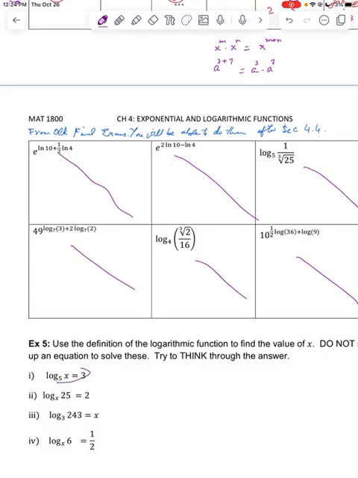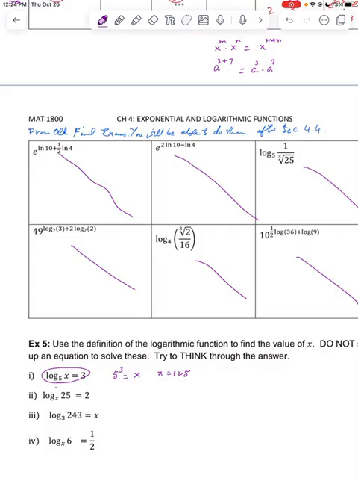We have to find x, but if you think, this is saying 5 raised to the 3 is equal to x, because your equation will be 5 to the 3 equals x. So what is 5 raised to the power 3? You know this is 125.